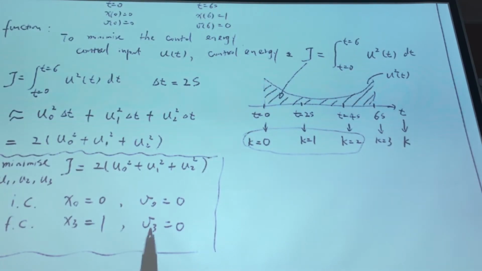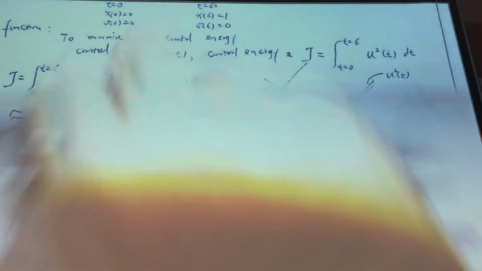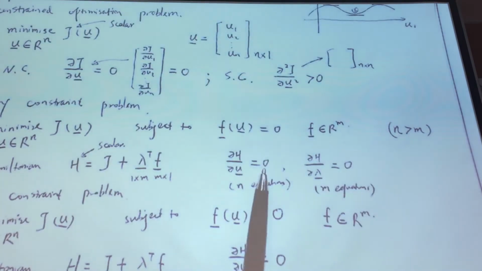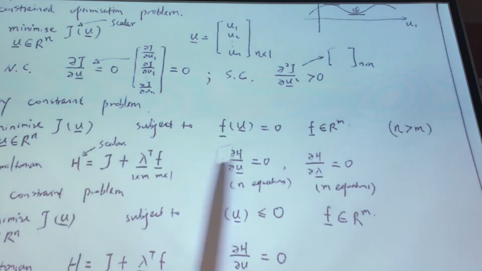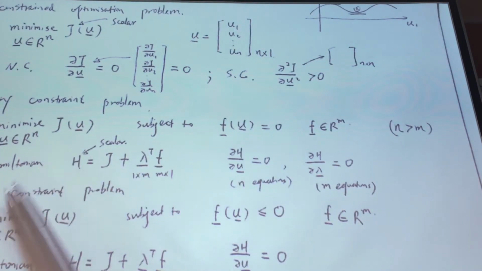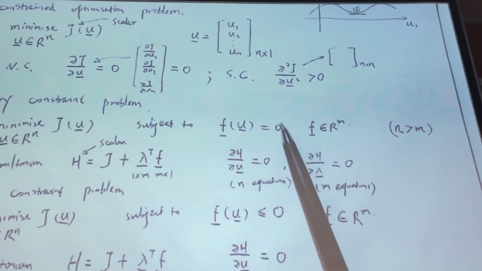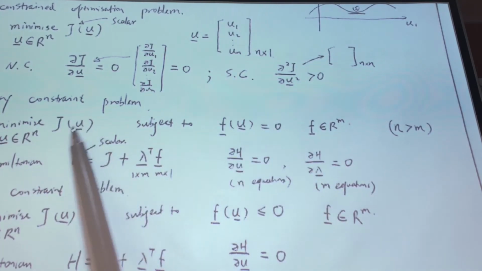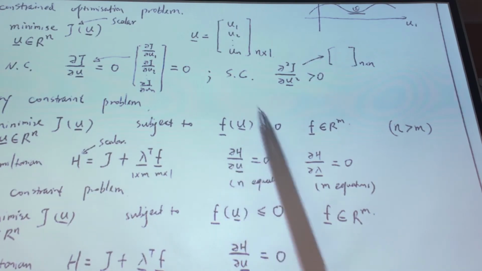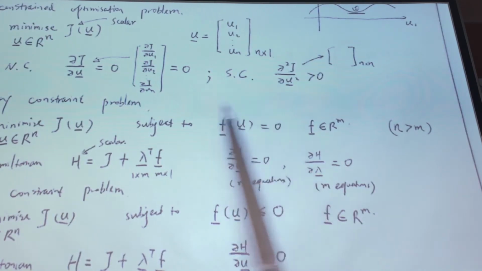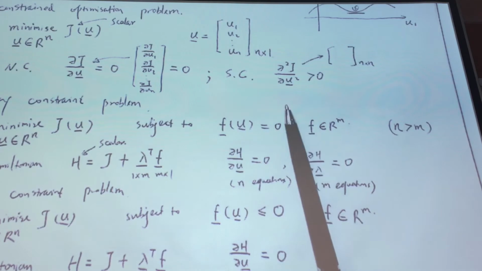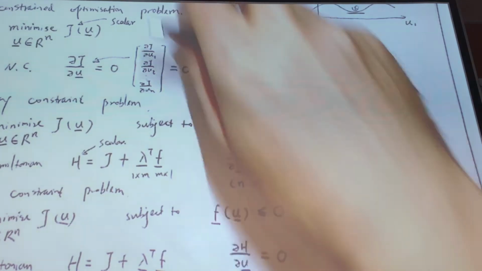But from here, you know the problem formulation is still somewhat different from our definition. If you refer to our standard definition, we want to minimize a scalar function of the inputs subject to a set of equality constraints.